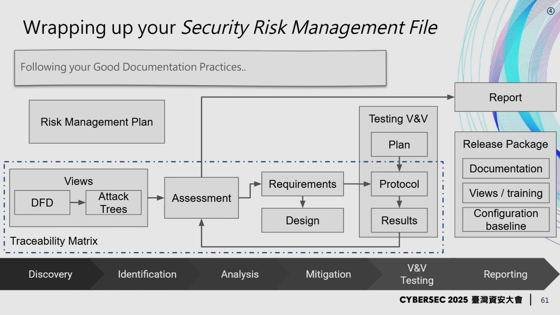Right, and not to forget about the package for your user: the documentation, security views, and the secure configuration baseline to make sure that they are prepared to set up a secure environment.